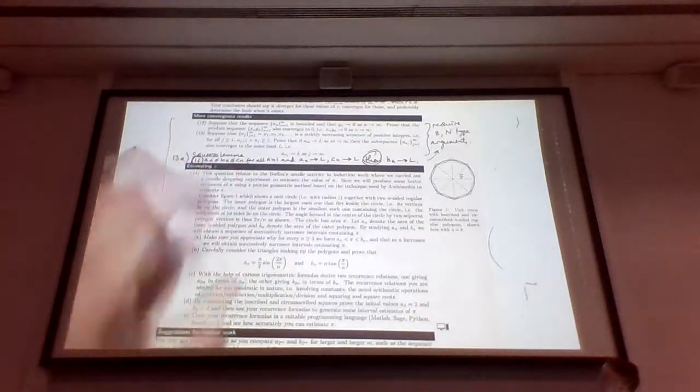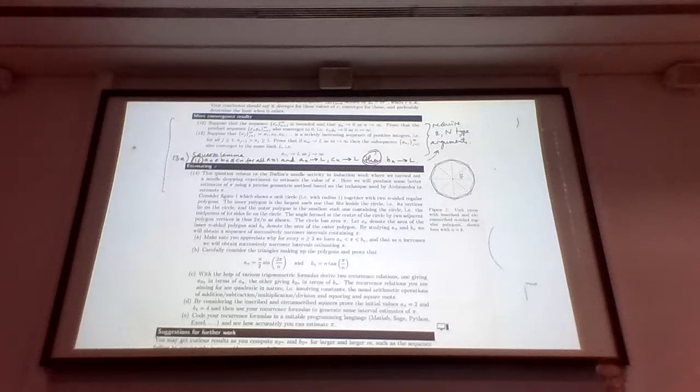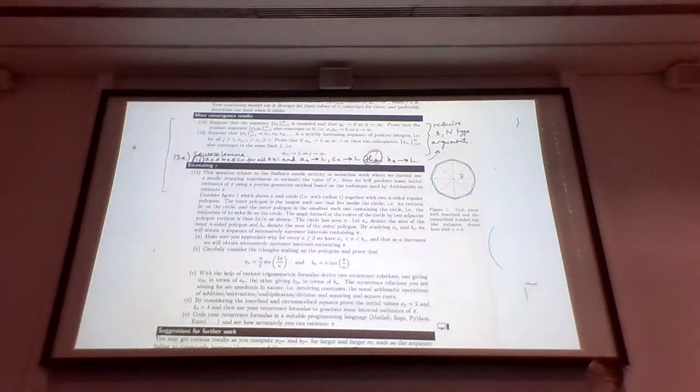Question 14 is an extended exercise, but maybe not something to be able to do in the time space of a tutorial. It relates back to the induction activity we did, dropping our needles to estimate pi.